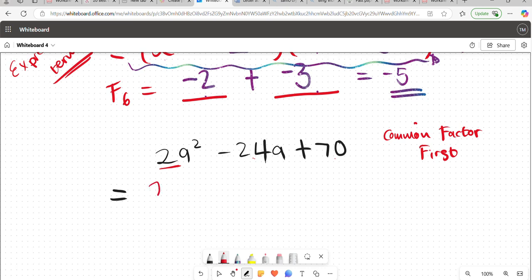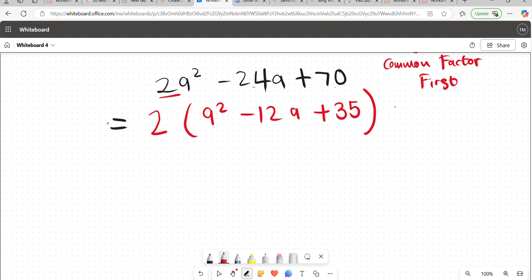So I know that 2 goes into all 3 of those. So I'll open my brackets. 2 times an a squared would give me back the 2a squared. 2 times a -12a would give me back the -24a. And 2 times a 35 would give me back the 70.